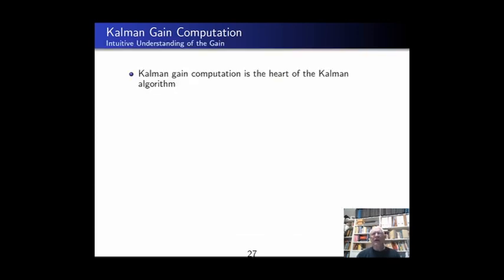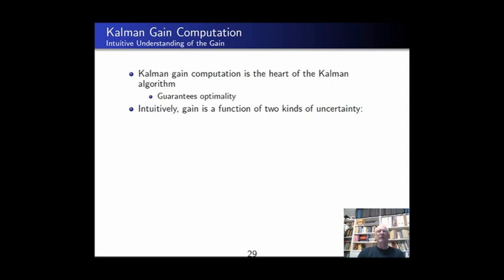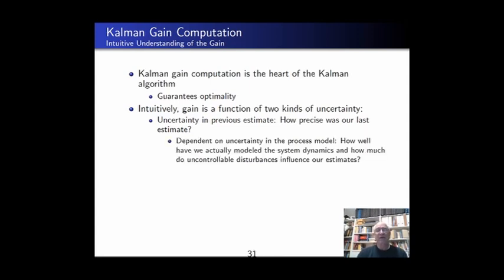As I mentioned at the beginning, the Kalman gain computation is really the heart of the Kalman algorithm, and it's precisely this particular gain that guarantees the optimality. Intuitively, we would think of the gain as a function of two kinds of uncertainty. The first is the uncertainty in the previous estimate: how precise was our last estimate? This uncertainty is in turn dependent on the uncertainty in the mathematical model itself, and also on the white noise or process noise in the system model.